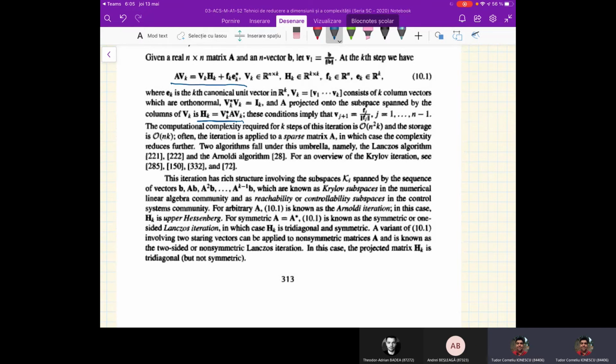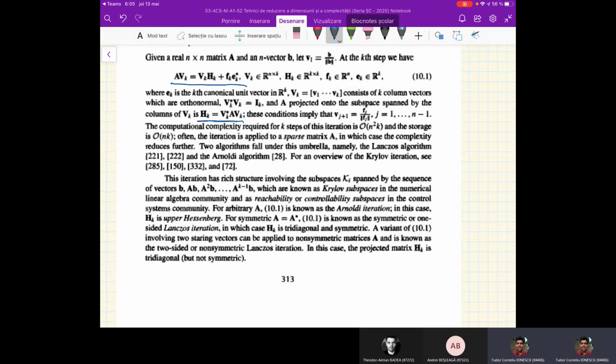The computational complexity required for k steps in this iteration is O of n squared k, so this is not n to the power 3. And storage is linear, nk. This iteration is applied to a sparse matrix A, in which case the complexity reduces further. It all comes from computing matrices and eigenvalues for matrices.